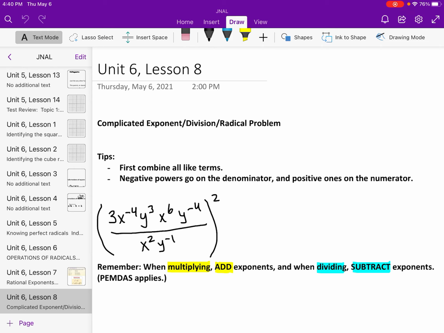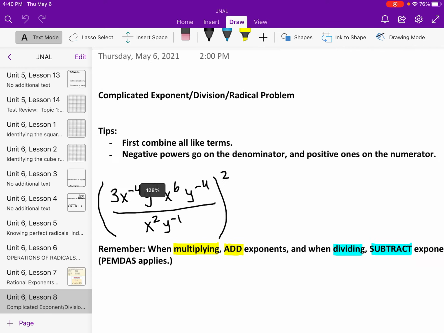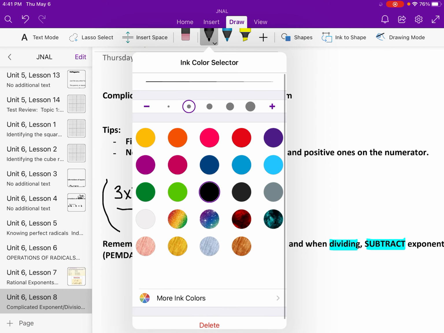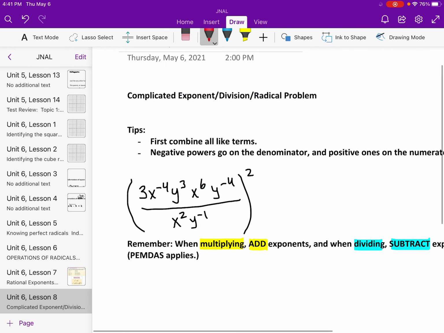Teachers will tell you, oh, you have to do all this, but there's lots of different ways you can do these things, but usually there's an easier way. So the tips, when there's something like this, you want to combine like terms, and if there's a division thing like this, before we would want to distribute this 2 here, so we see this 2.